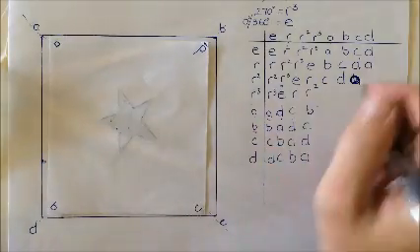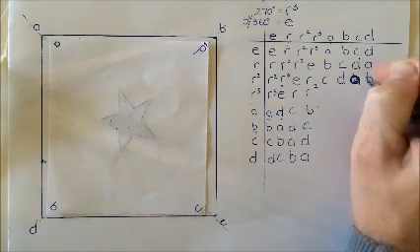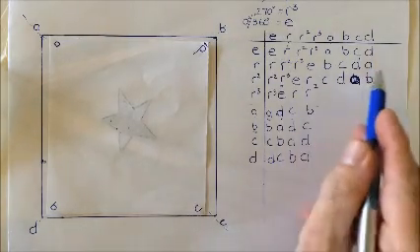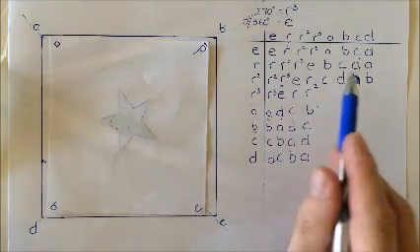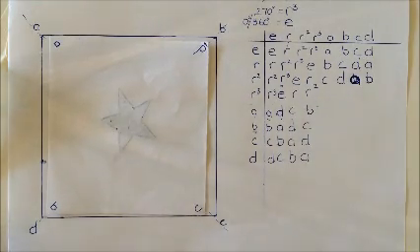We end up with B at point D. You'll notice that patterns are emerging here, and that's a good way to check that you are actually doing these operations correctly.